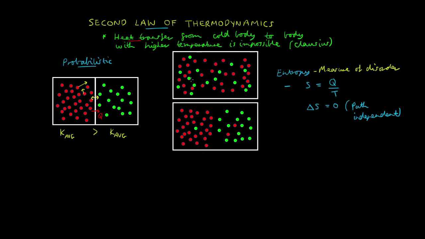Looking at an example, if we have two containers of gas and then we remove the boundary between them, the entropy or disorder is going to increase in this system. In other words, the boxes here with a high degree of order become disordered.